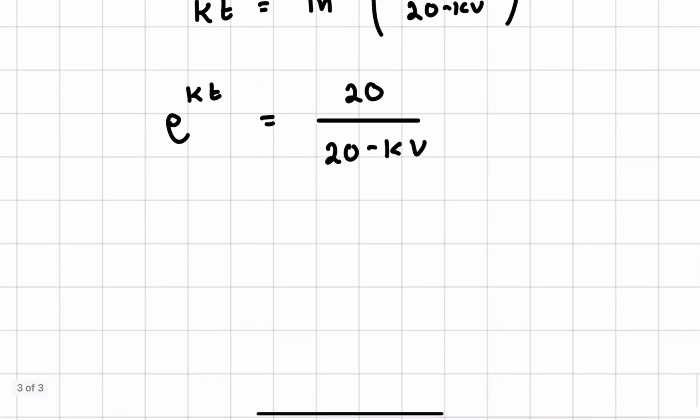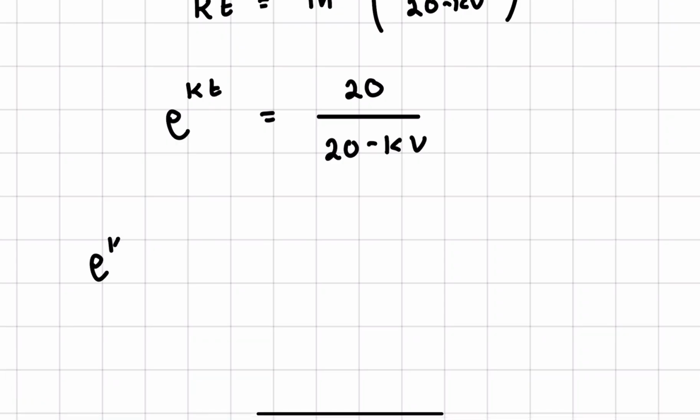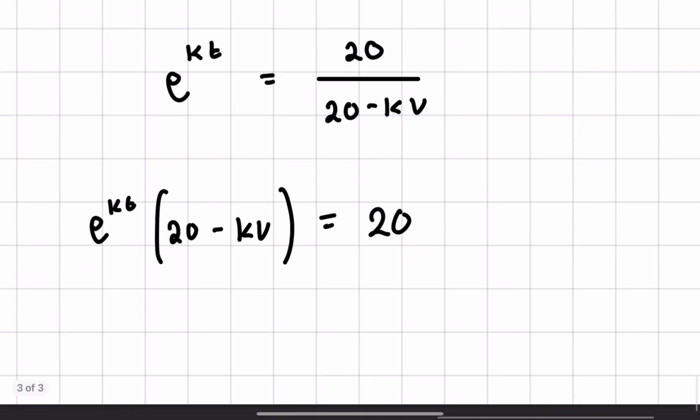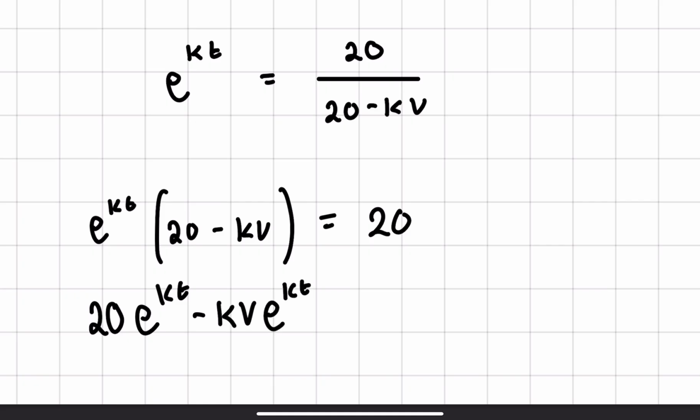I'm trying to get phi as the subject here. So e to the kt times 20 minus k phi equals 20. Multiply it out: 20 e to the kt minus k phi e to the kt equals 20.